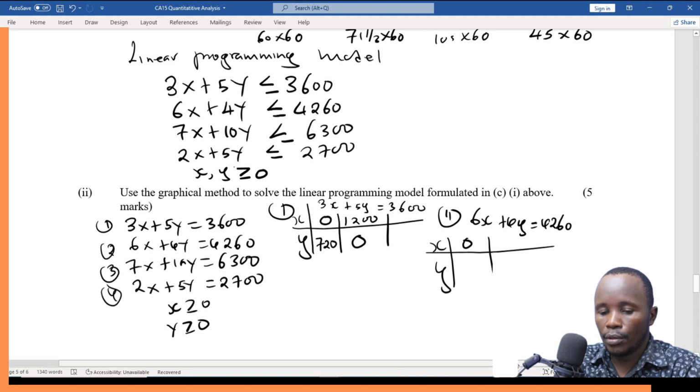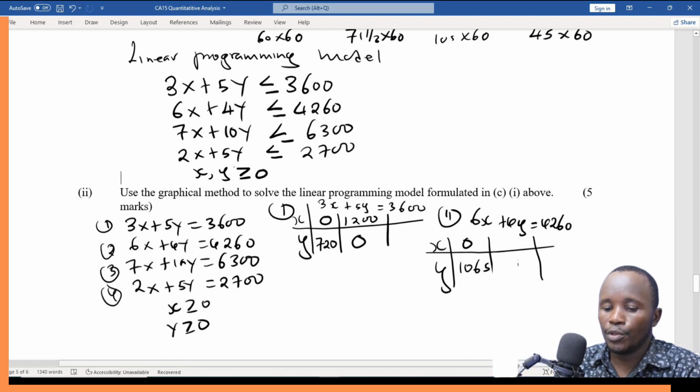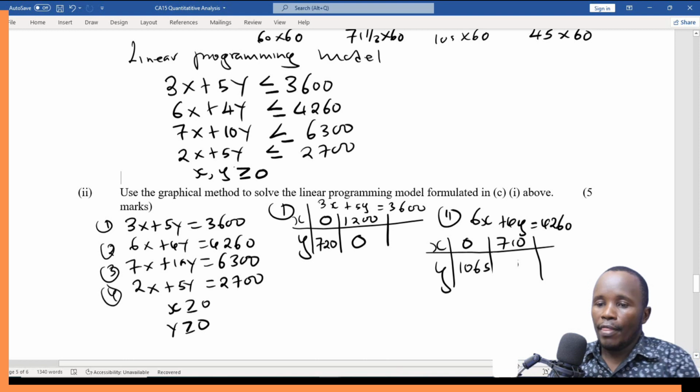This is 4260. 4260 divided by 4, I get 1065. When y is 0, you'll have 4260 divide by 6. Give you 710. Now that is number 2.